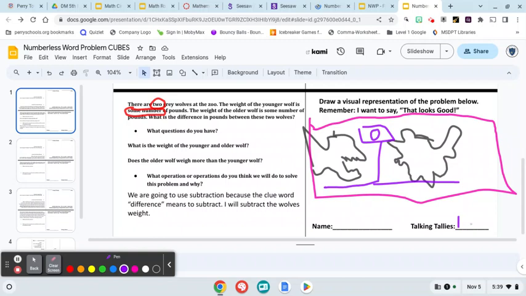Someone else says, I don't know the weight of the older wolf. They put a tally. And then I ask the question, does the older wolf weigh more than the younger wolf? And I put a tally. We talk about 2 to 3 times apiece, and then we turn it in, and that's it for today.